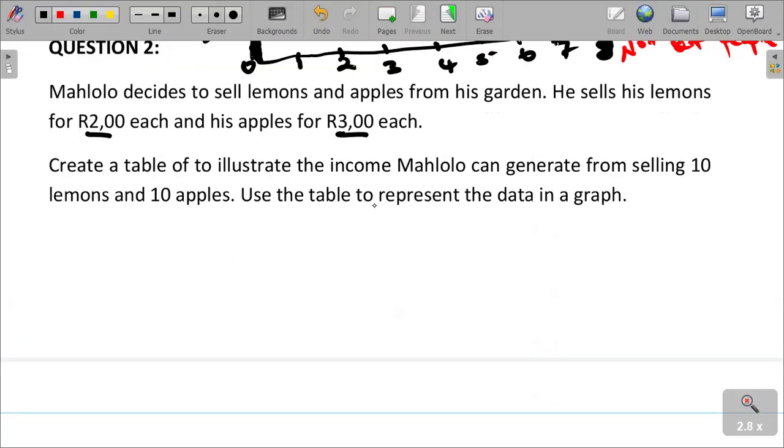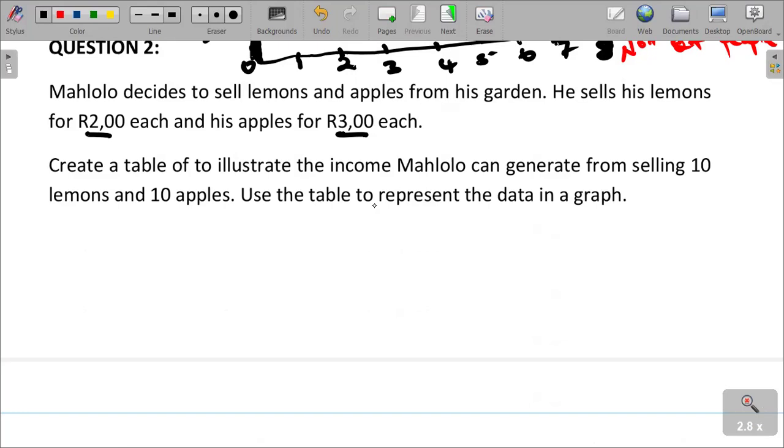What we need to understand is what type of graph this is.